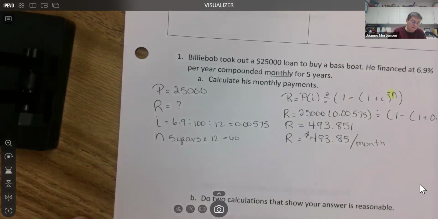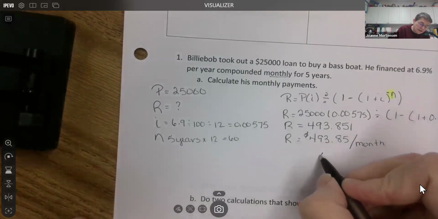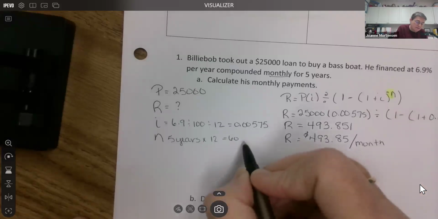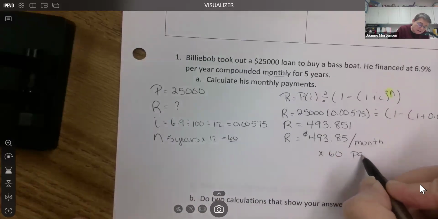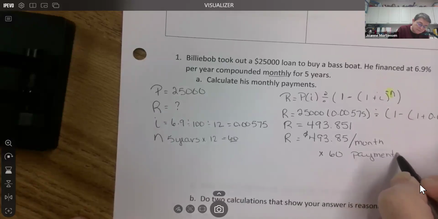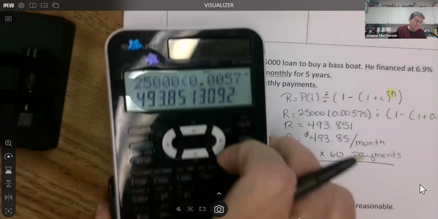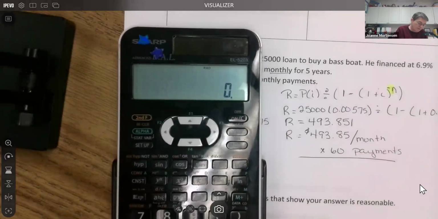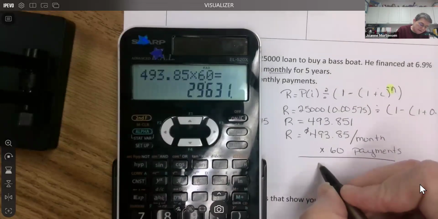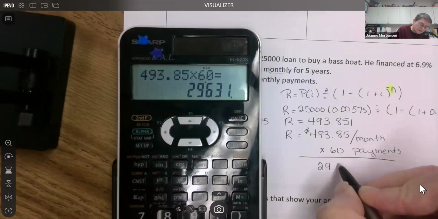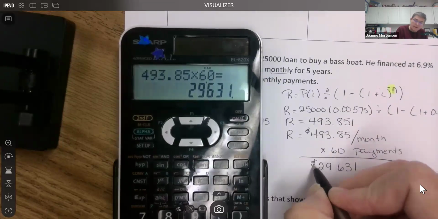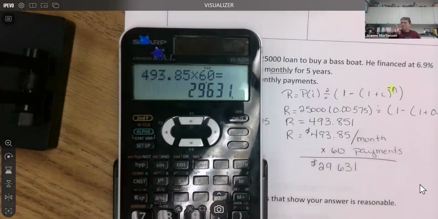Anyway, it asks for 2 calculations to show your answer is reasonable. All right, let's start with this. We take this and we multiply it by 60 because that was the number of payments. $493.85 times 60. What? 29,631. Eh? Think. Come on. Think. How can that be?